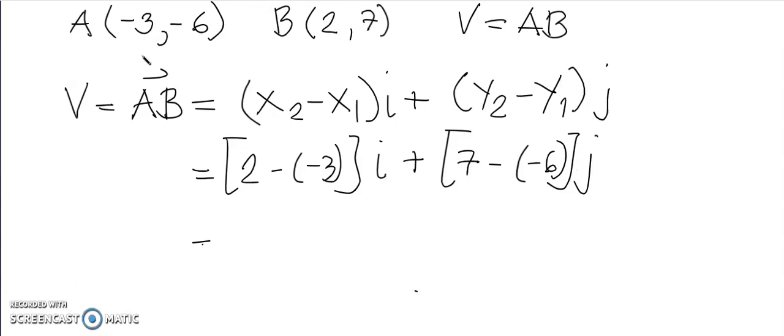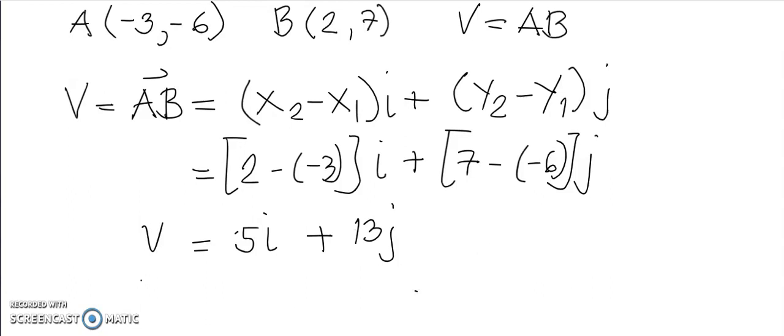So our vector is equal to 2, negative and negative becomes positive, so 2 plus 3 is 5i, plus 7, negative and negative becomes positive as well, so that is 13j. So this is our vector for A and B.